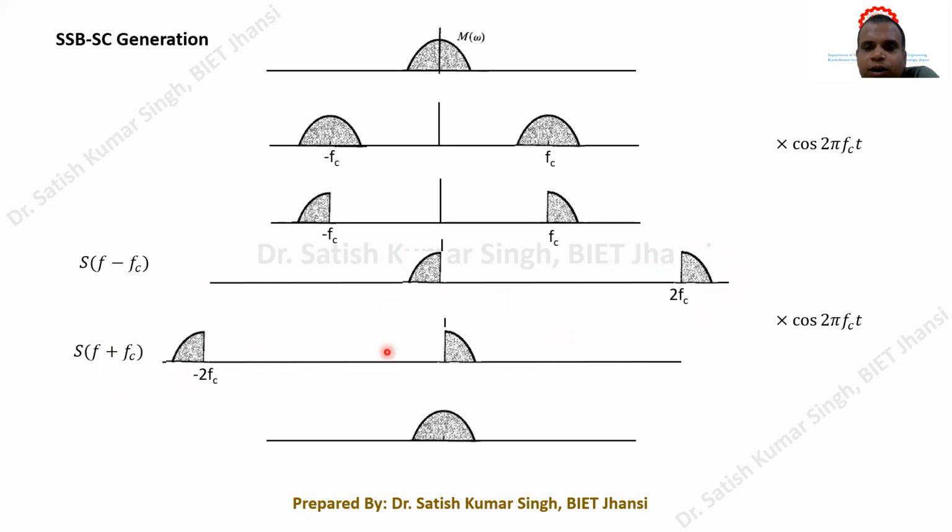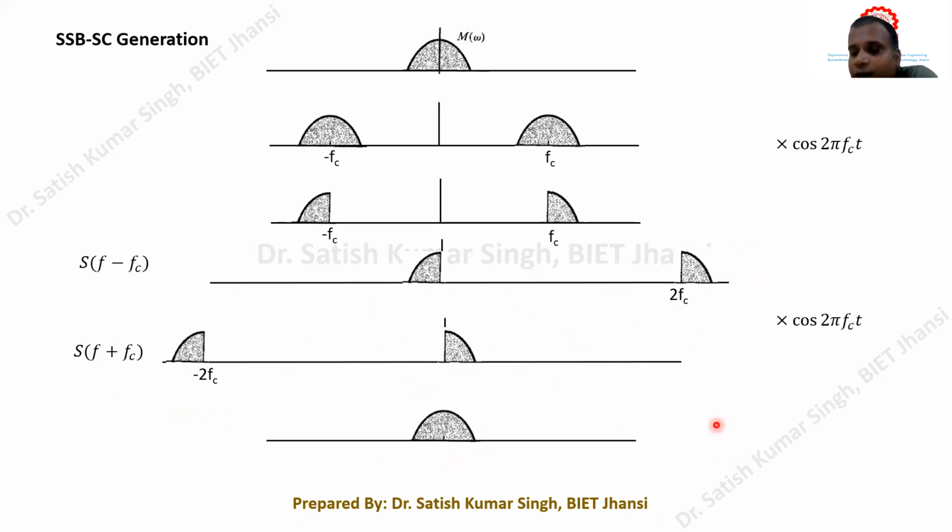So these two should be added together. This portion and this portion will be added, and that will form our message signal. And now these two components, minus 2FC and plus 2FC, will be eliminated by having a low pass filter, because the low pass filter allows only the baseband message signal, and this higher frequency component will be eliminated.